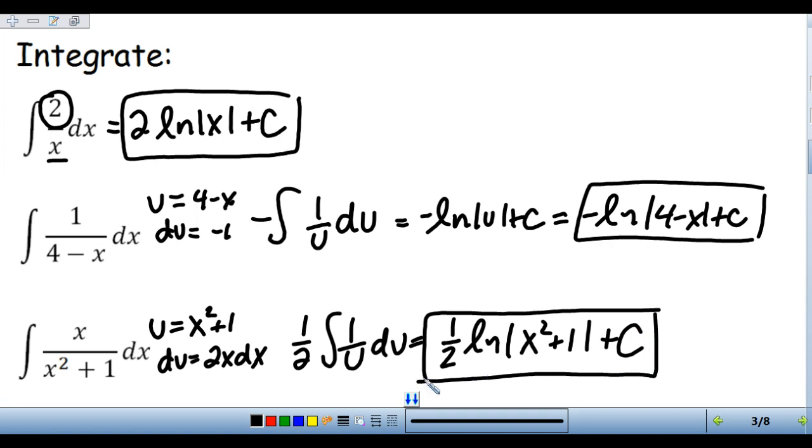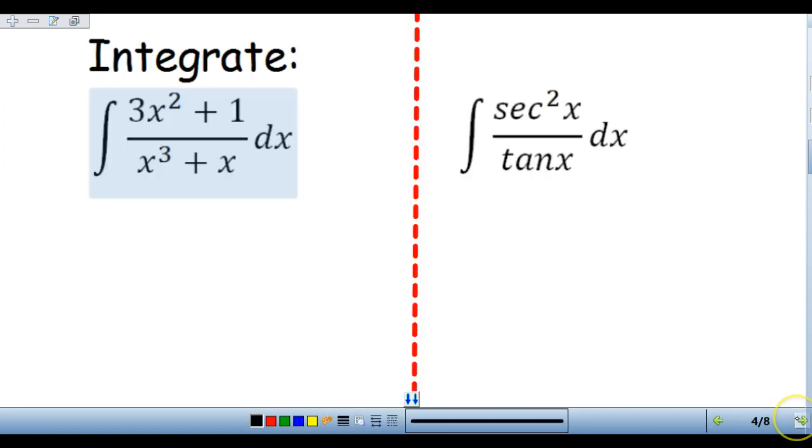Okay, so let's practice with a few more examples. If I see something like this, I can't simplify this in any way that would be helpful, so I'm going to follow what we've been practicing with and let my denominator be u, so u is x cubed plus x, and then the derivative of that would be 3x squared plus 1, which conveniently is what I have right there.